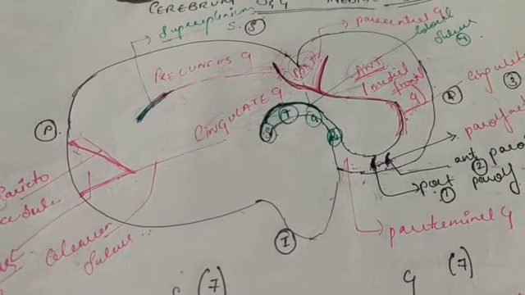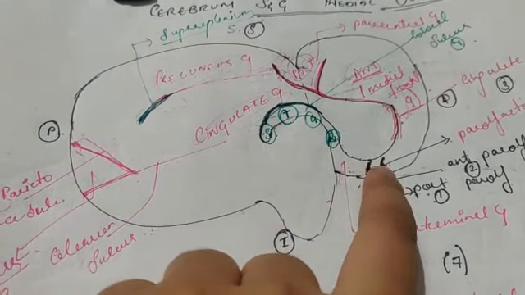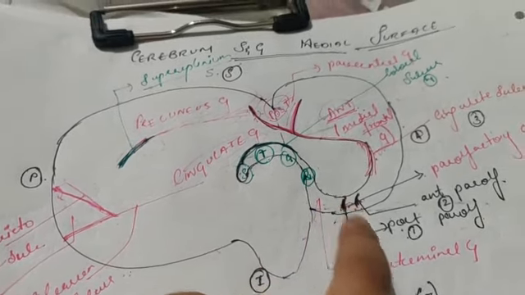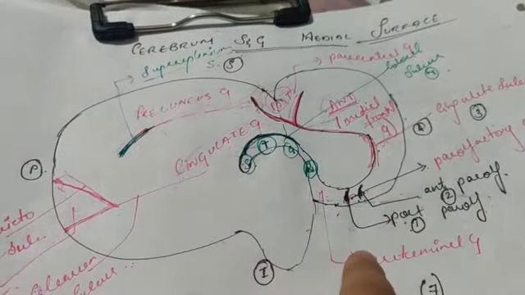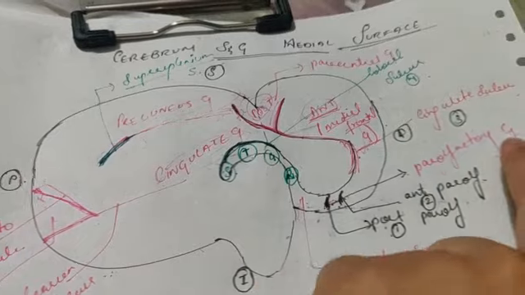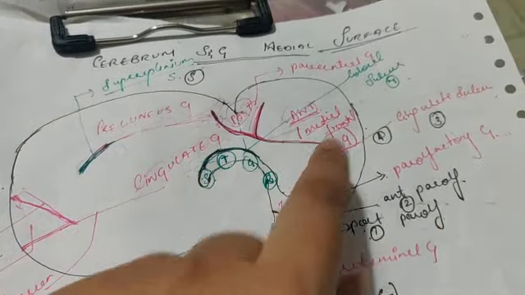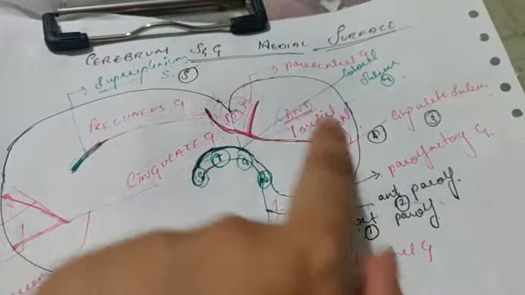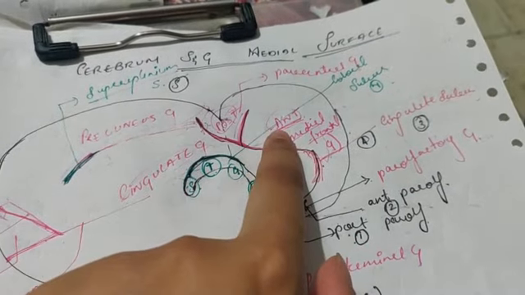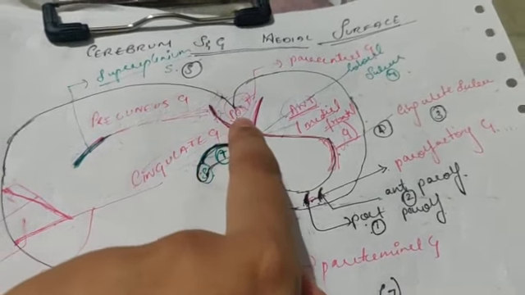Now coming to the gyri, first we'll start with the one between the anterior and posterior parolfactory sulci. So we have our parolfactory gyrus. Behind is the paraterminal gyrus, and the cingulate sulcus divides this part into two, the anterior and the posterior part. The anterior part is called the medial frontal gyrus and the posterior part is called the paracentral gyrus.